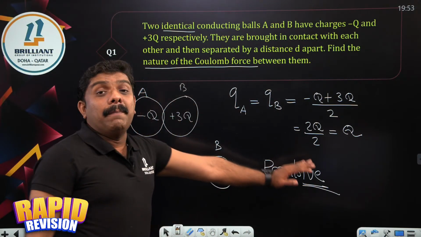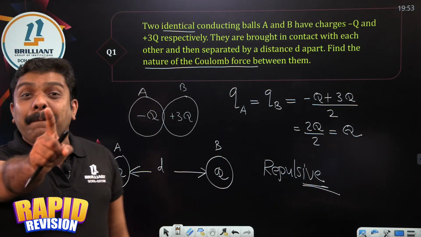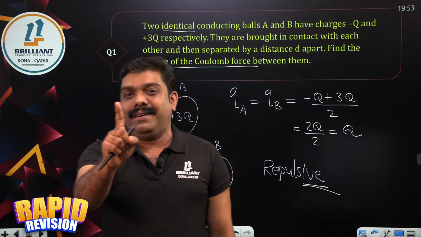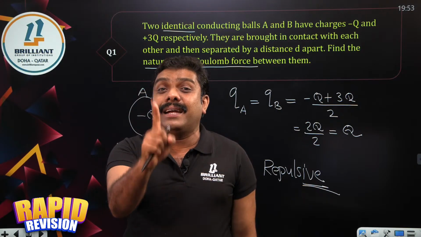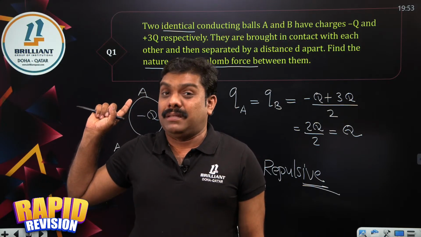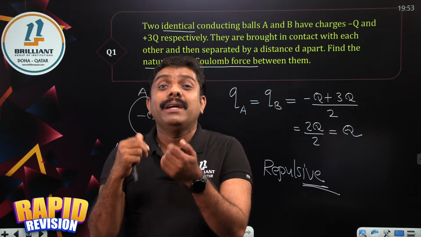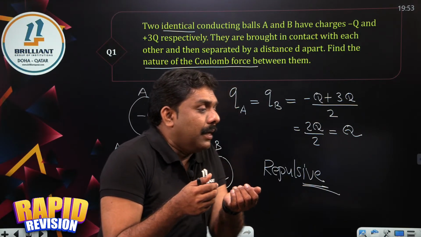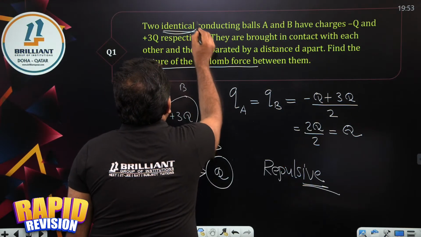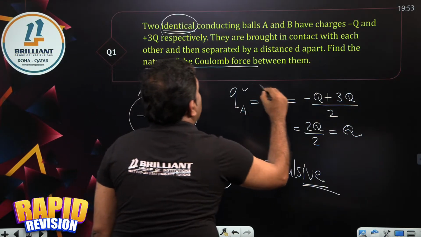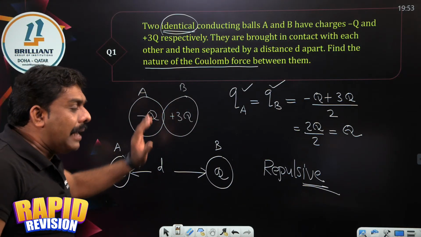Keep in mind one important point: we can use this method only if their sizes are identical. If they have different sizes, then charge will flow until their potentials become equal. With identical size, the charges become equal. The first question, I think, is clear for everyone.